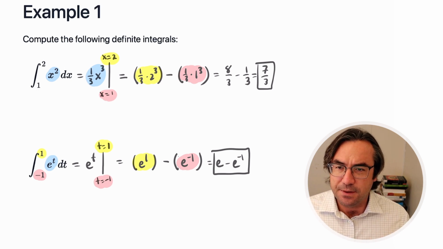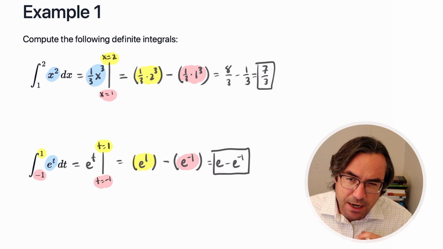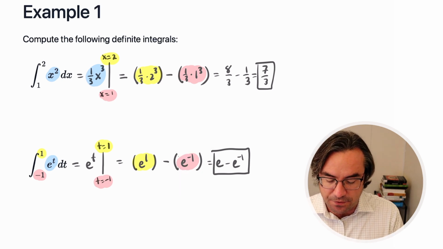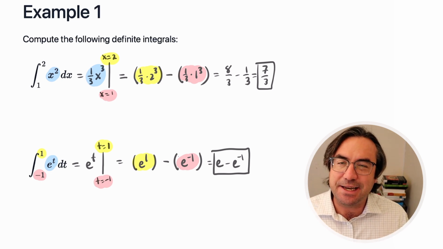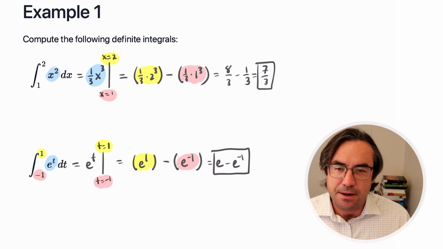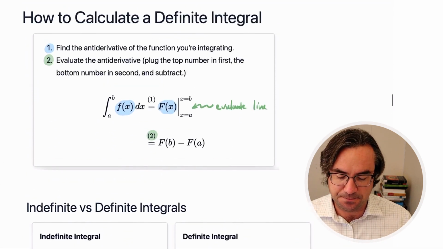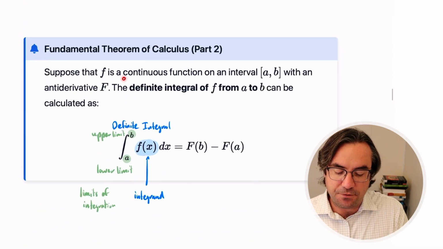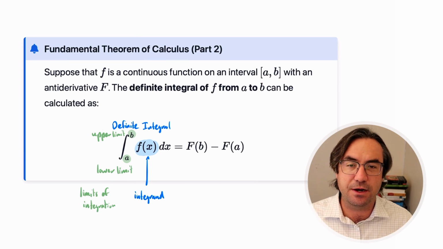All right, so this is the idea behind doing these definite integrals. Right now we're just seeing how to calculate these. We'll see later on what this actually represents. And again, it's related to area, and we'll see exactly why. Now, one thing about this fundamental theorem of calculus: we do need our function to be continuous on the interval that we're integrating.